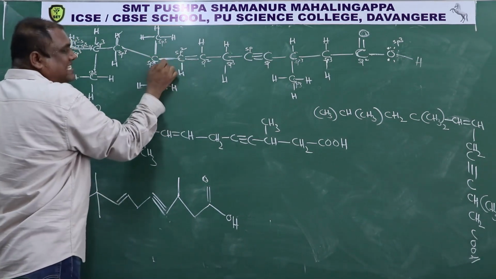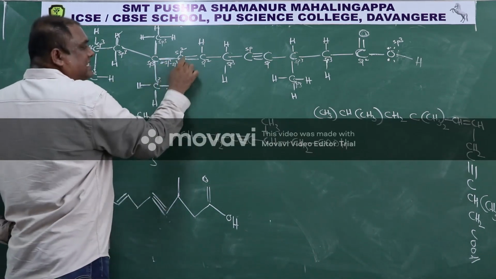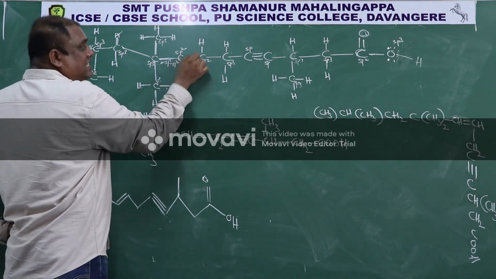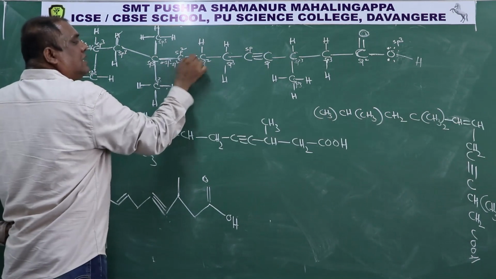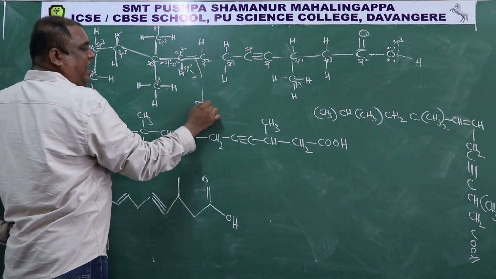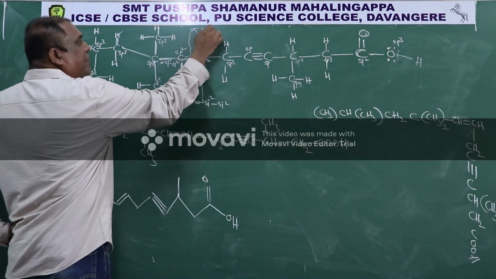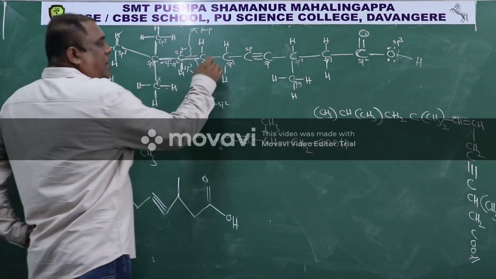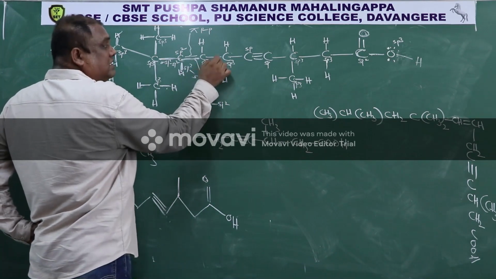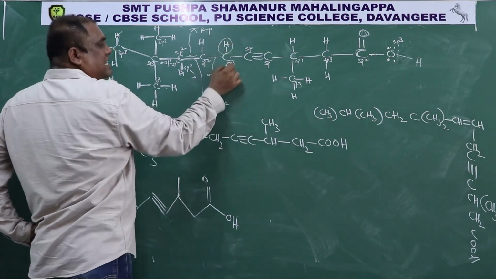This is sigma sp3-sp2. Then this is sigma sp2-s. This is sigma sp2-sp2, and this bond is pi pp. This bond is sigma sp2-sp3. So this is sp3-s, sp3-s.